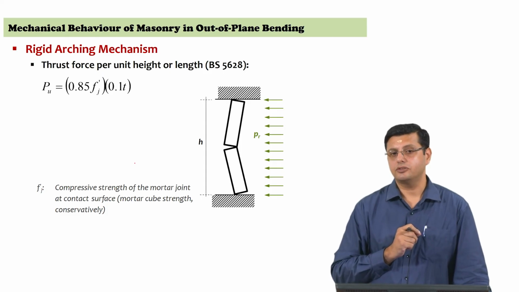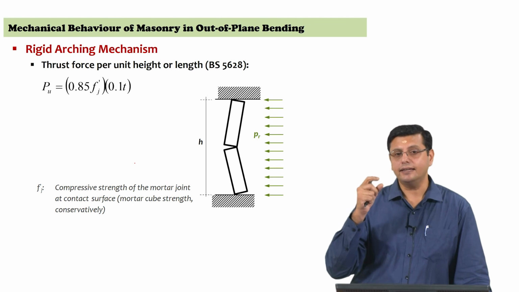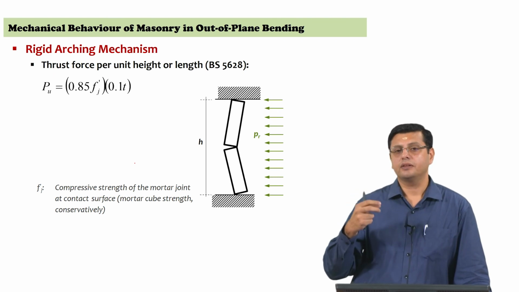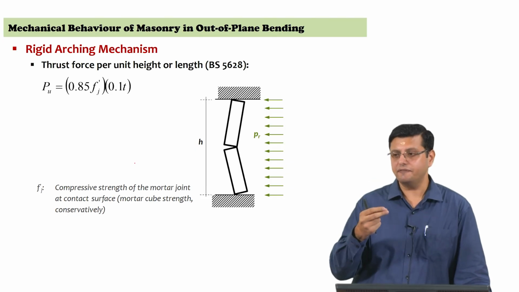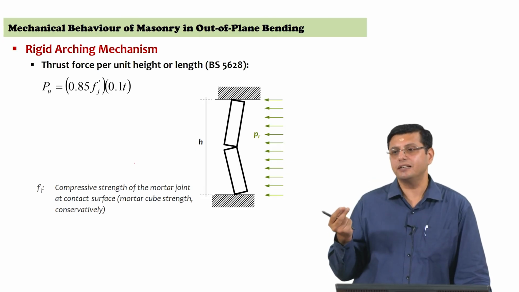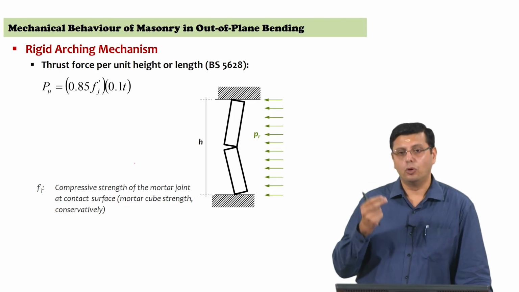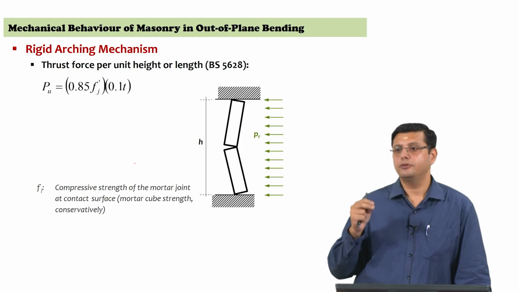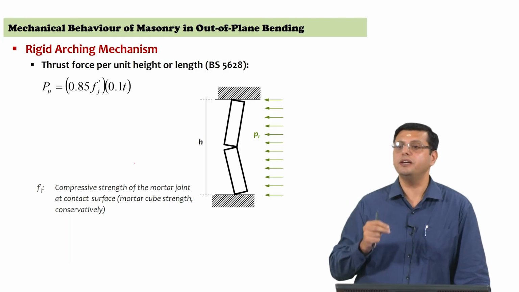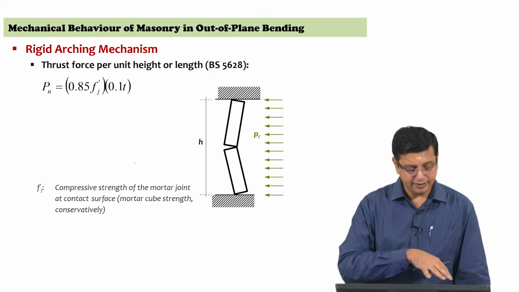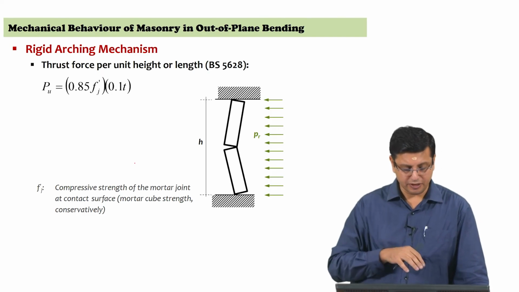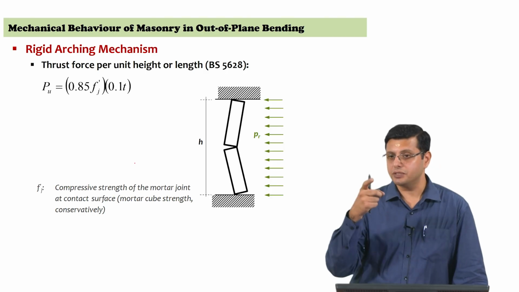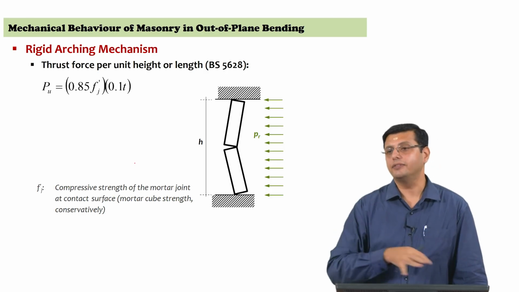As I was mentioning earlier, at the interface between the non-moving support and the brick wall, it is masonry. However, at that interface the weaker material is the mortar joint. So, it is reasonable and probably better to make use of the strength of the weaker material, which is the mortar, and hence the expression in the British code makes use of the compressive strength of the mortar joint, which is present at the contact itself, and this is a conservative estimate.